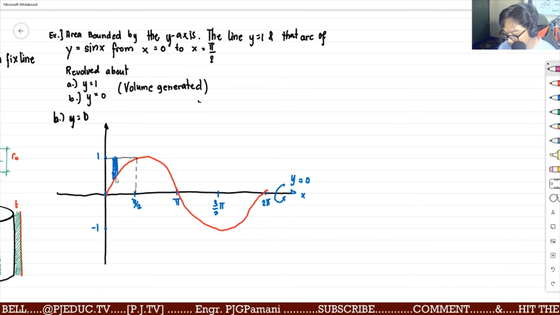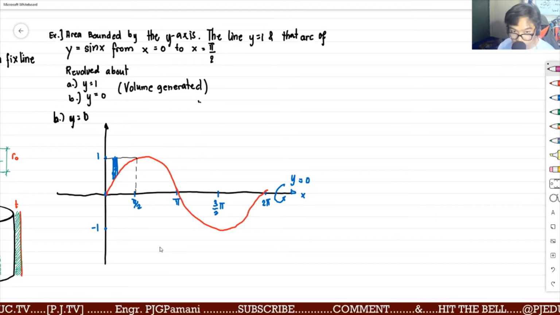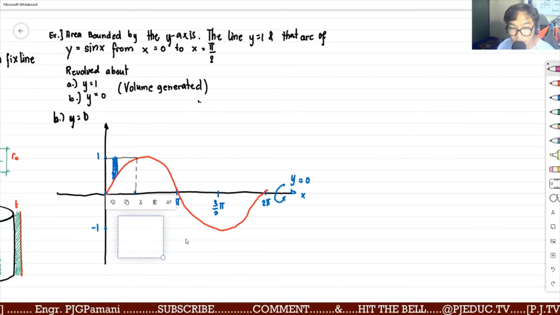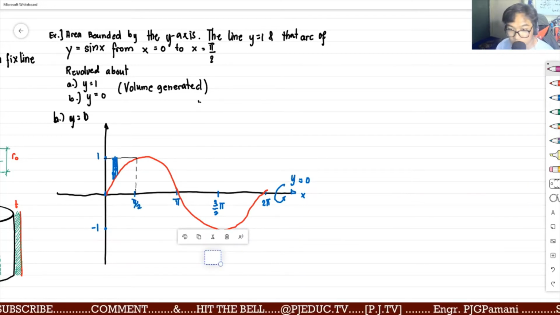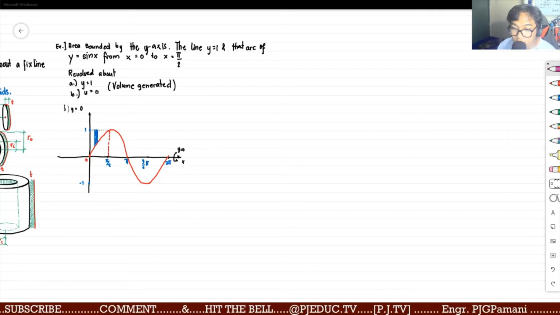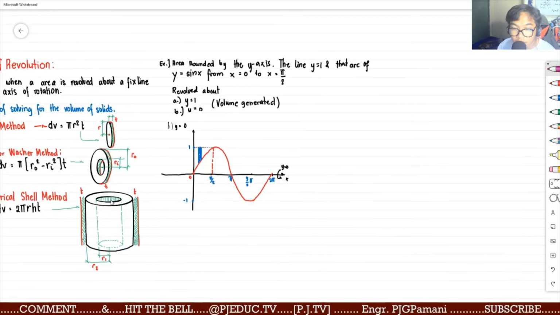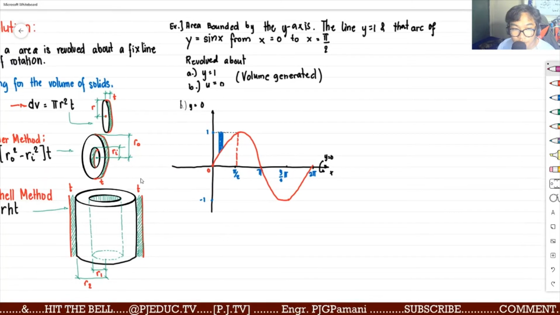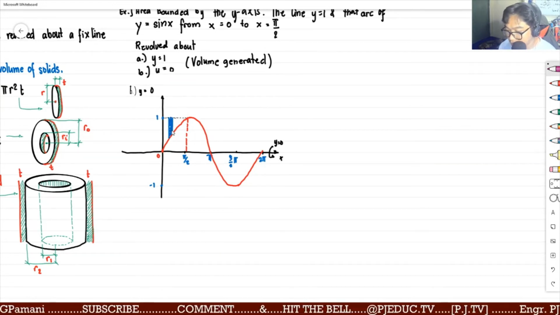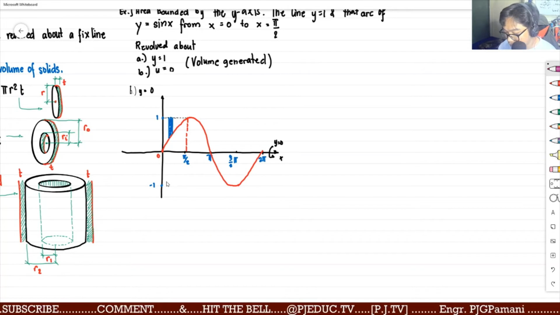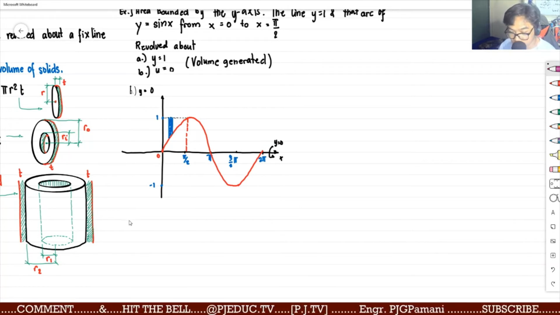Okay? Bagal ng internet. With this, magkakaroon tayo ng dalawang radius of concern. From radius from 0 to this point and this point to that point.